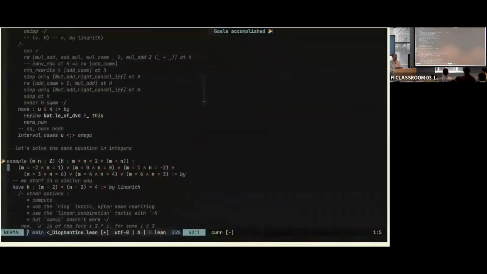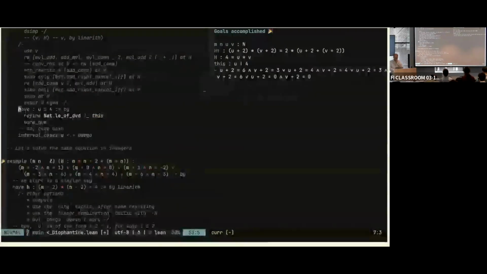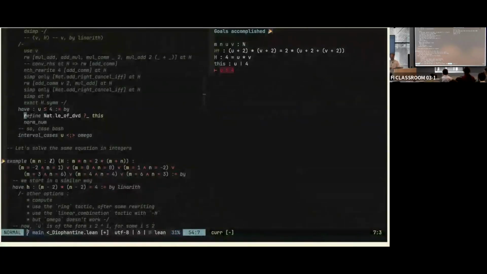So now we know that U divides 4, and we want to know that U is smaller than 4. There's something called NAT LE of DVD. If you have a natural number that divides something, it's smaller than that something, except that when you are dividing 0, you're not smaller than 0, because 42 divides 0.